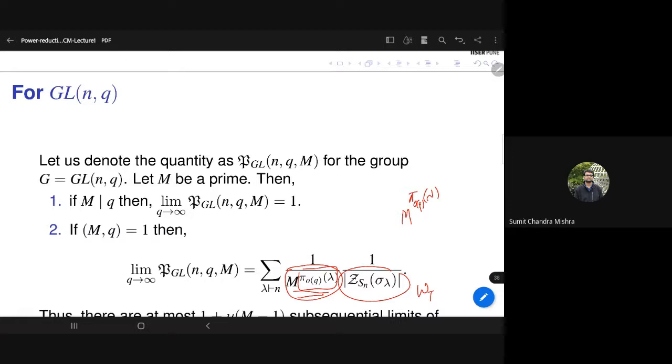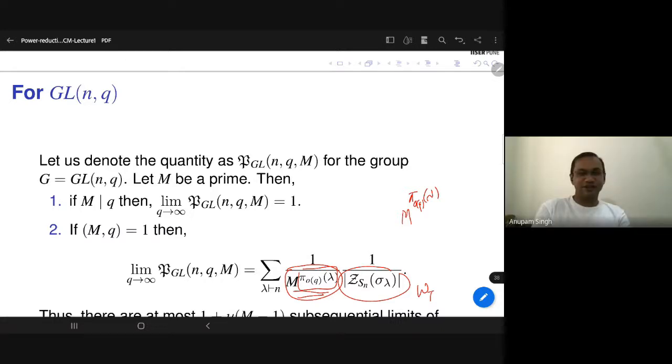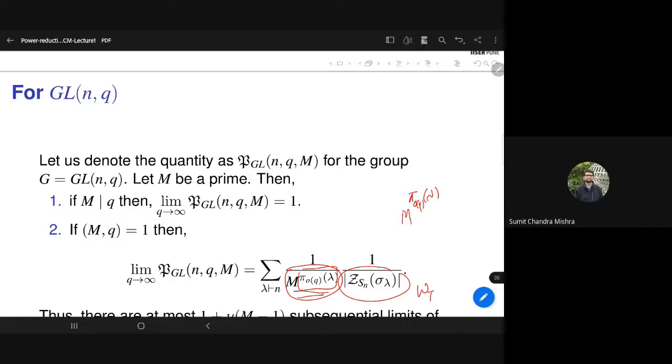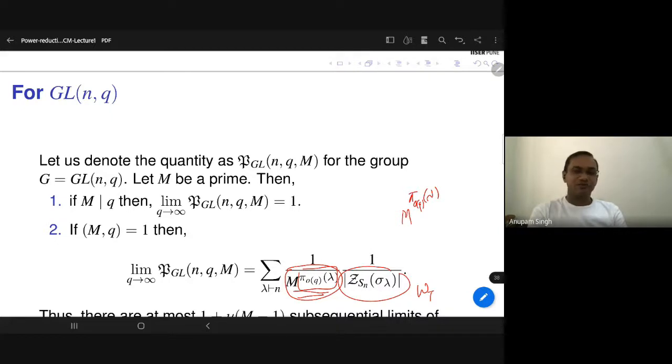Of course, if M is a product of more than one prime, then this kind of formula becomes more tricky to write. Yeah, I was expecting there would be something for powers of a prime, which you are saying is there. Thank you. Yeah, maybe for just a power of a single prime, you can write a formula like this. But certainly, if you take more than one prime, it becomes more tricky to write the formula.